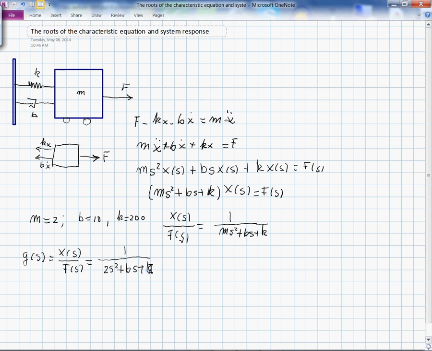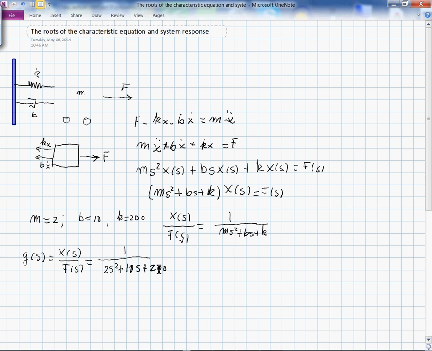No, what am I doing? I need to put the numbers. We don't want symbols anymore. So this is 1 over 2 s squared plus 10 s plus 200.